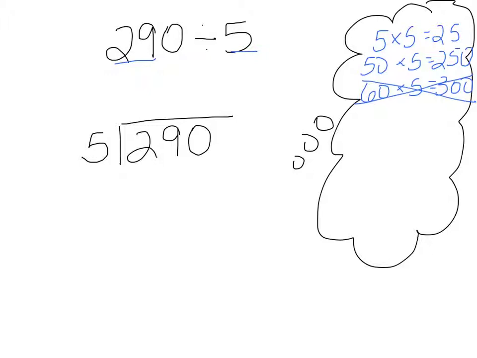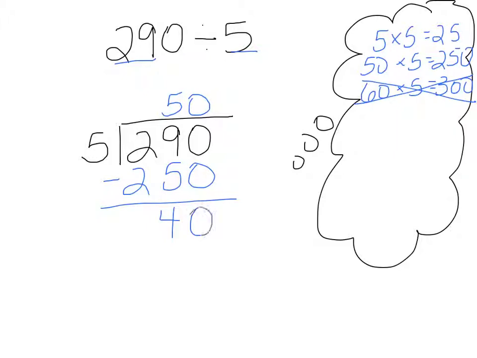So I think I'm going to have to start out with knowing that 50 groups of 5 will get me going. If I create 50 groups of 5, then I've dealt with 250 of my 290 things that need to be split up, which leaves me with 40.